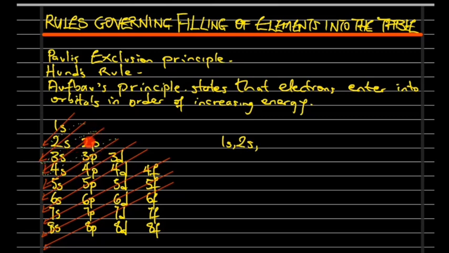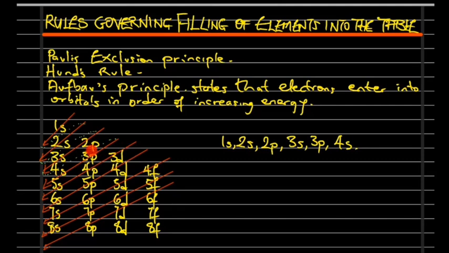So we have 2p followed by 3s. On the next arrow we have 3p, 4s.